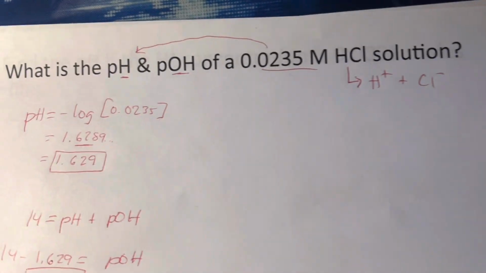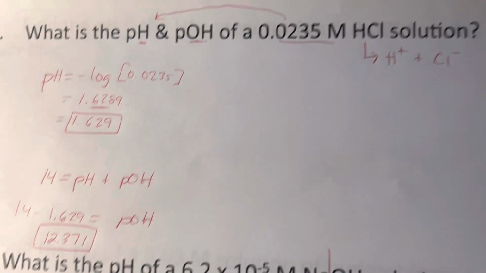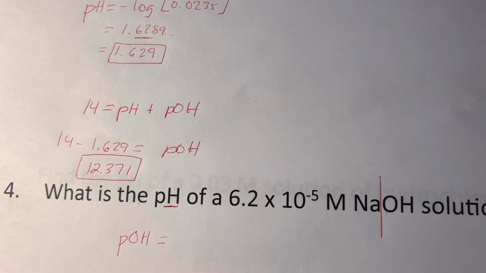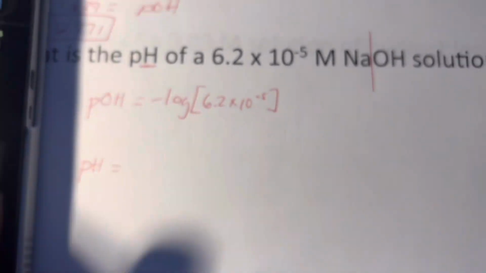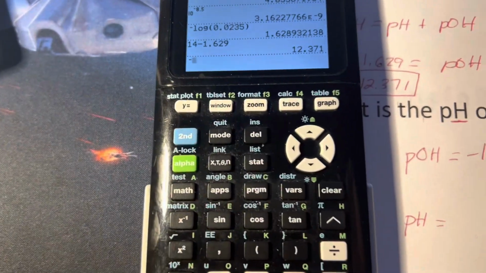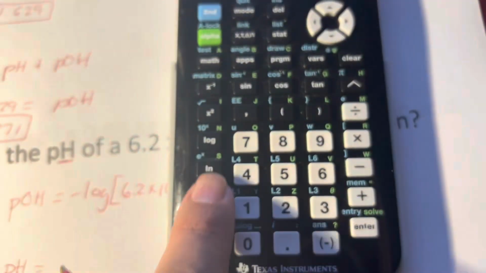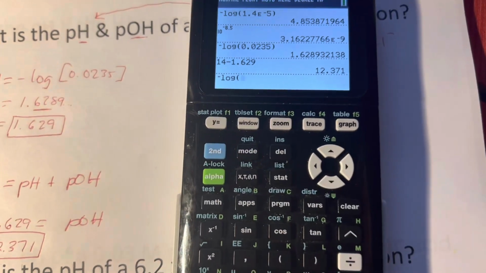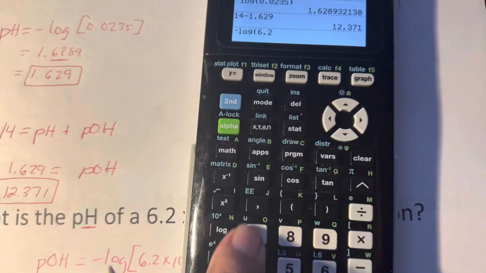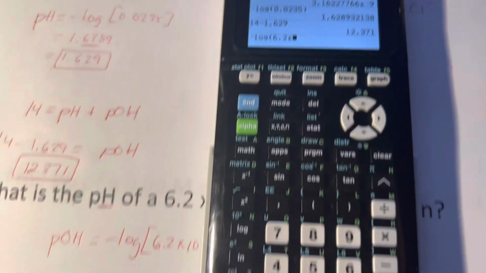So in reality, we're going to calculate the pOH first, and then find my pH afterwards. pOH is the negative log of my concentration, so negative log of 6.2 times 10 to the negative 5. Sorry, I couldn't see it, my bad.